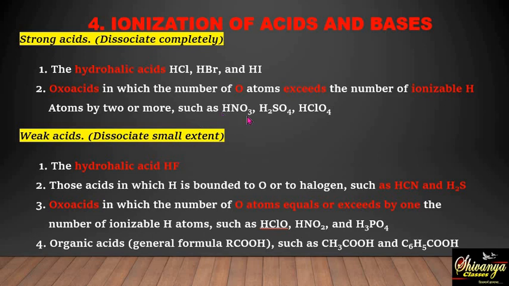So it is HClO, HNO2, H3PO4. Then organic acids such as acetic acid and benzoic acid are also examples of weak acids.